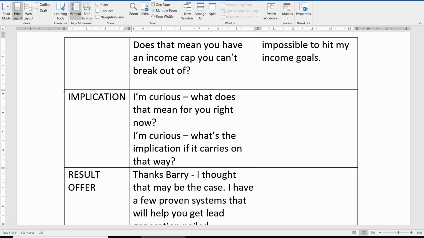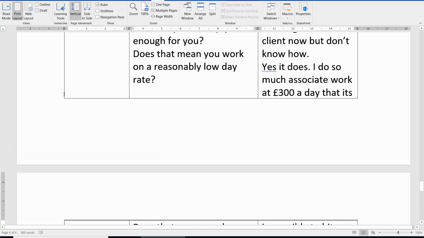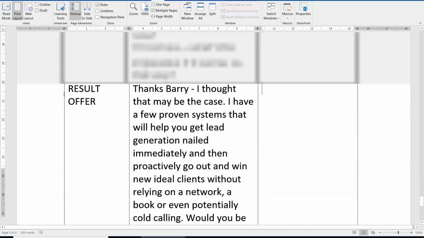But it's your confidence level that's going to determine this, because these are the hard questions that most people won't ask. So if you think it's something like this, does that mean you work on a reasonably low day rate? Yes, it does, actually. I do so much associate work at £300 a day that it's impossible to hit my income goals.